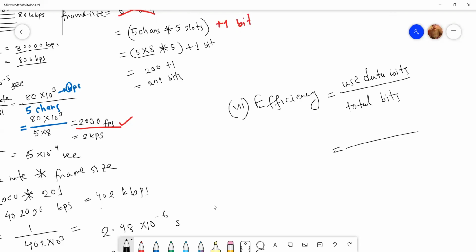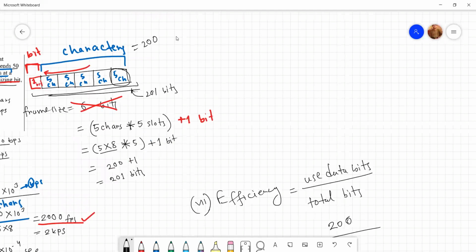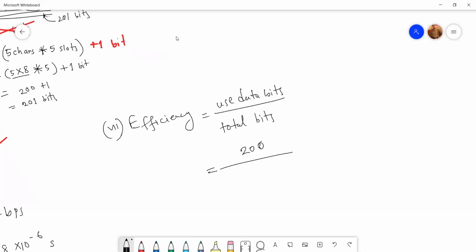We know that we have 200 useful bits, because the 200 bits were my original characters that were multiplexed, and one bit was just added, making 201. The one bit is for the synchronization.